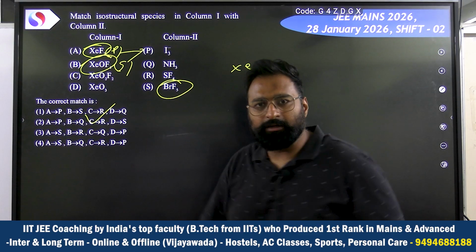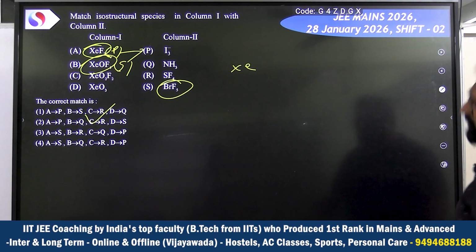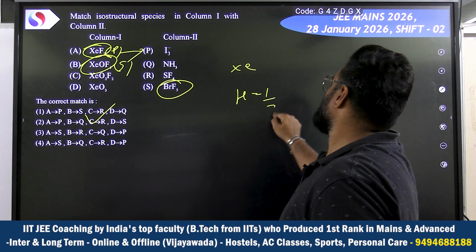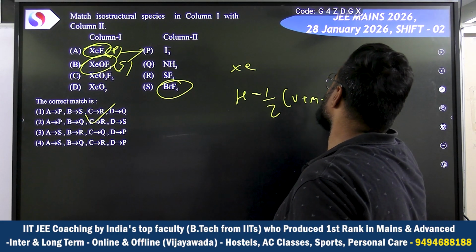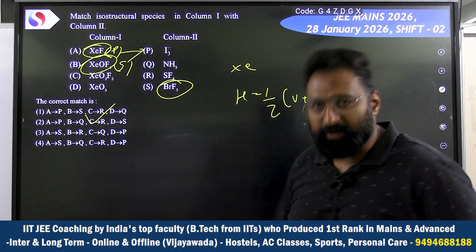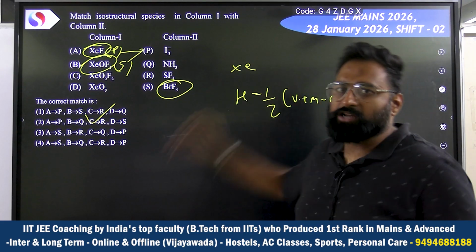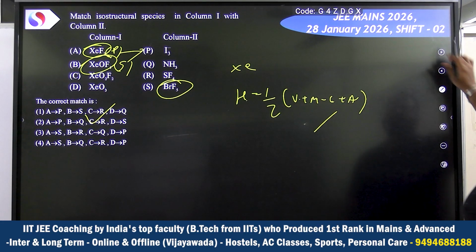No other option is matching. Direct. If in case you are getting confused, use the formula H is equal to half of V plus M minus C plus A. H is hybridization, V valence electrons, M monovalent atoms, C cation charge, A anionic charge. So your question will be very simple.